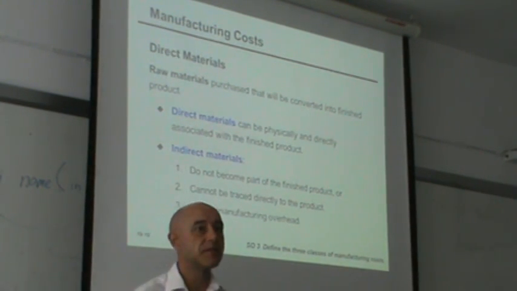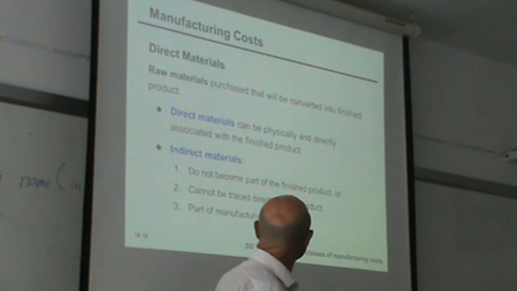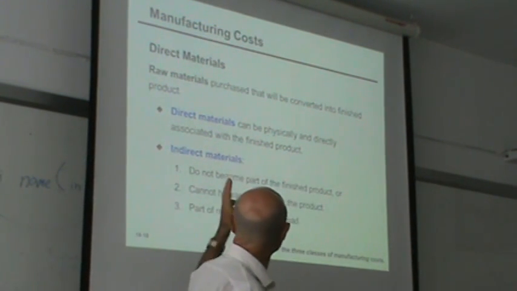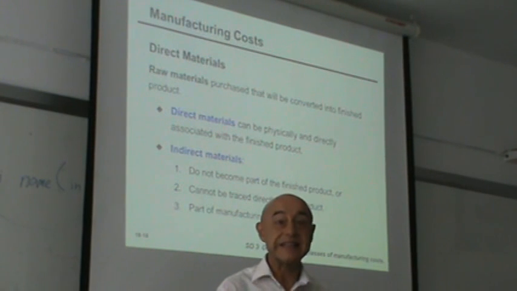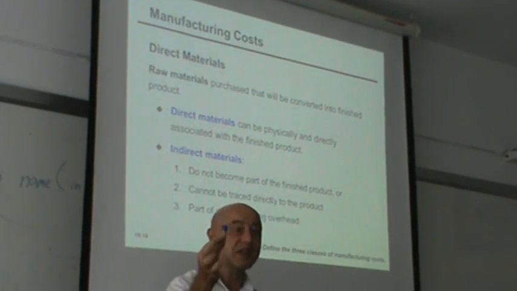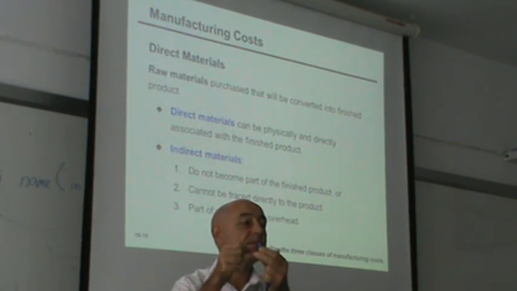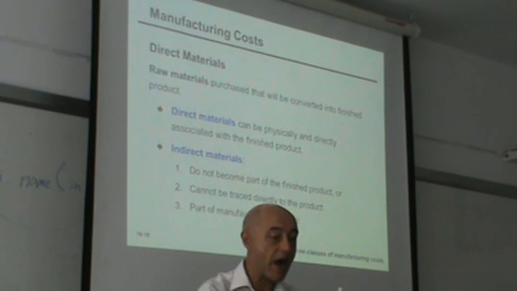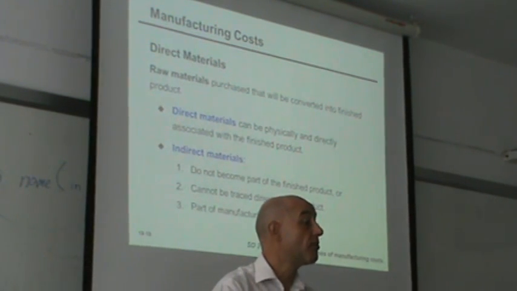Direct material can be physically and directly associated with the product. Somehow you can see it in the product. So for this marker, you can actually see the plastic cup, okay? You can actually see it. Somehow it's part of the product.